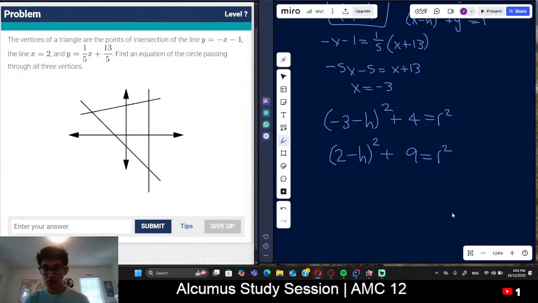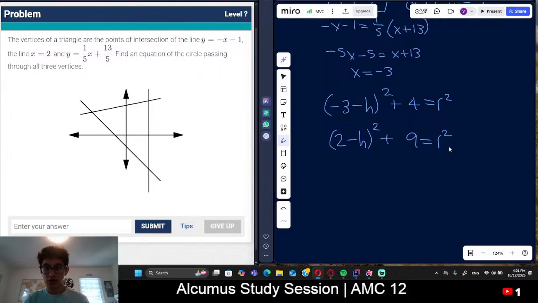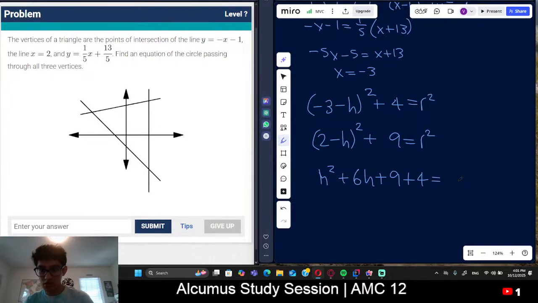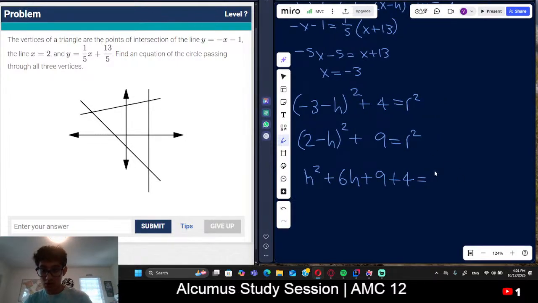So we can equate the two of these and now solve it, right? So we're going to get, sorry, what am I doing? This is just 3 plus h whole squared, right? So h squared plus 6h plus 9 plus 4 is equal to, oh, it's going to cancel out very nicely, I think.